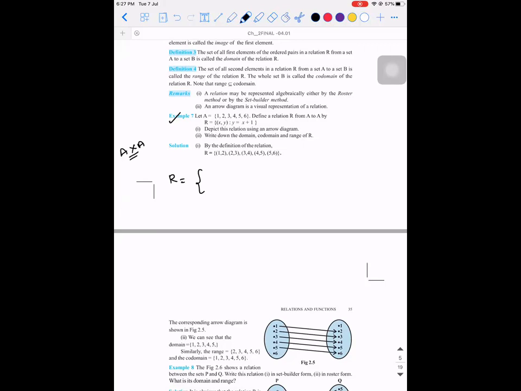When I substitute x as 1, the first pair will be (1, 2). When I substitute x as 2, we get (2, 3). When I substitute 3, we get (3, 4), then (4, 5), then (5, 6).